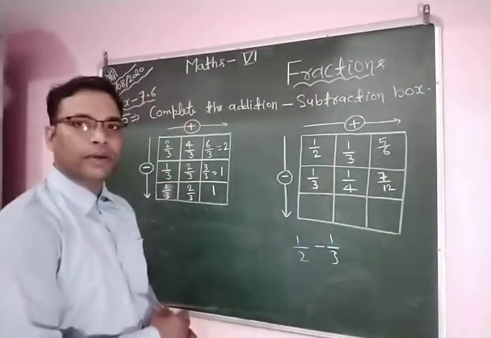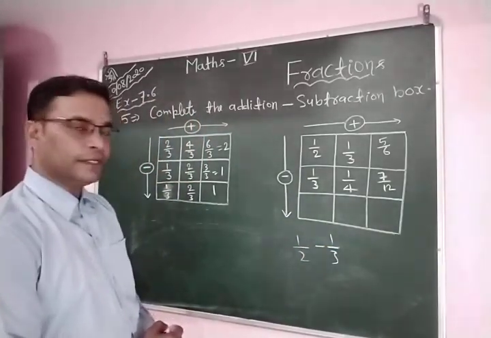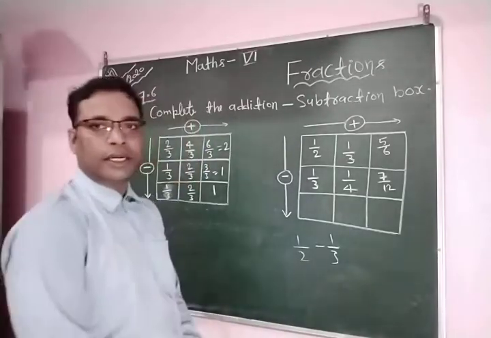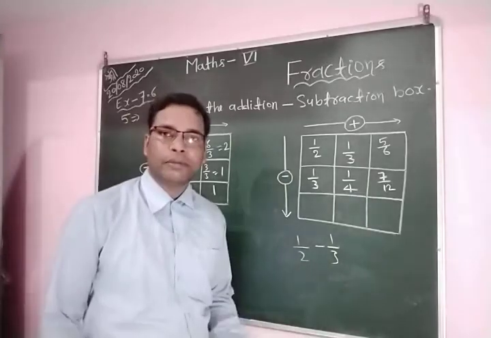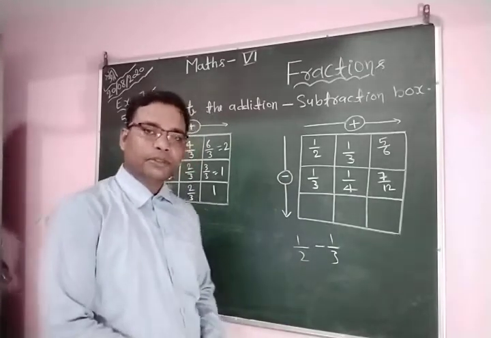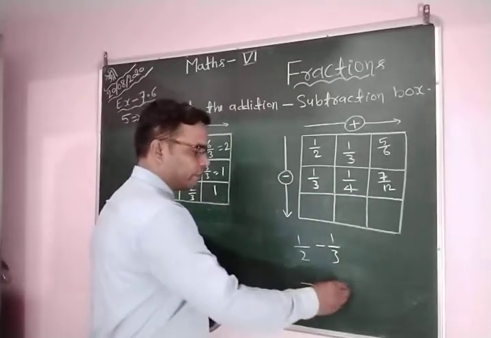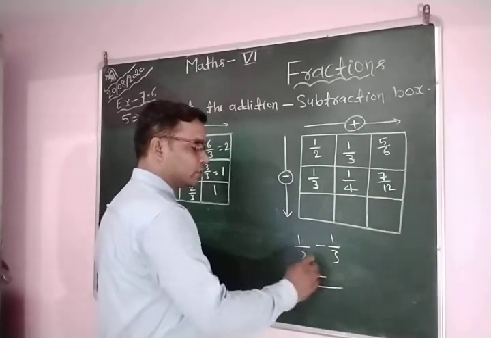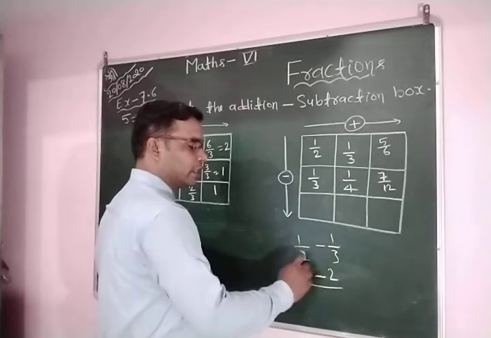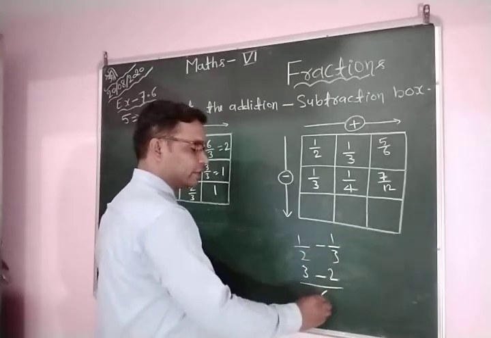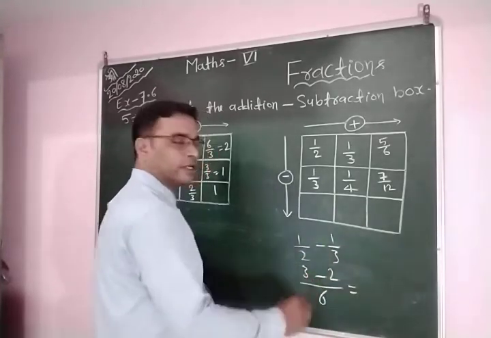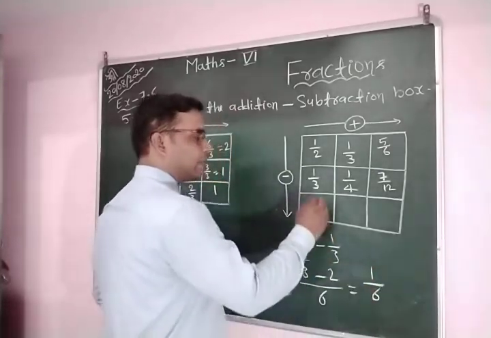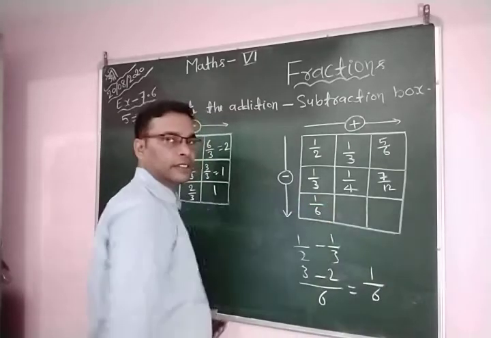Here you can see both fractions are unlike terms, and the denominators of both fractions are prime numbers. So we multiply 3 into 1, this is 3, and minus 2 into 1, this is 2, and 2 into 3 is equal to 6. In this way you obtain 3 minus 2 is equal to 1, and this is 6. So we obtain 1 by 6.